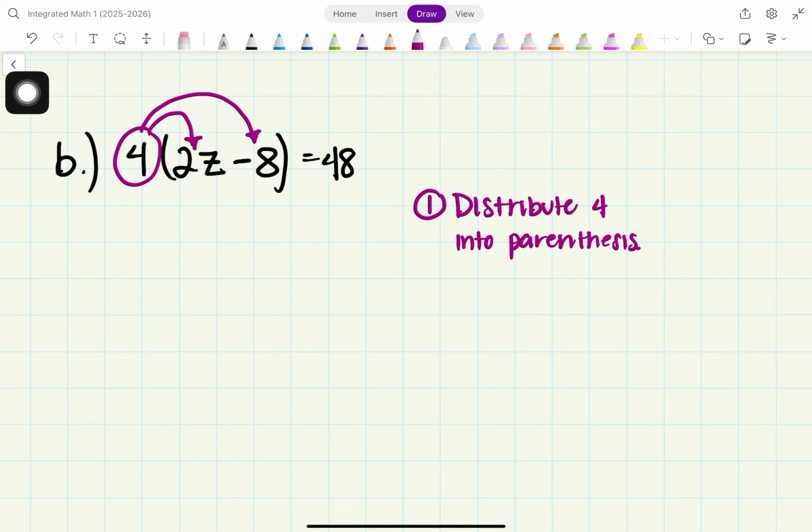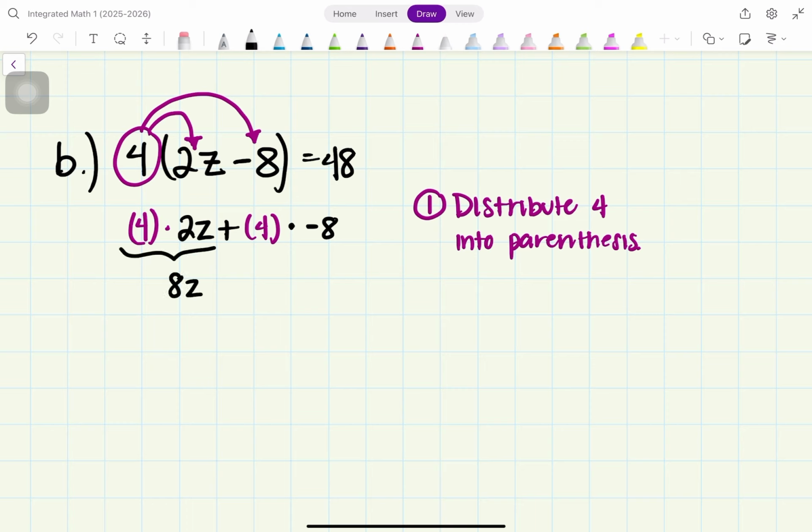So it's 4 times 2z plus 4 times negative 8. So 4 times 2 is going to give us 8z, and 4 times negative 8 is going to give me negative 32. And I'm going to bring down the 48.